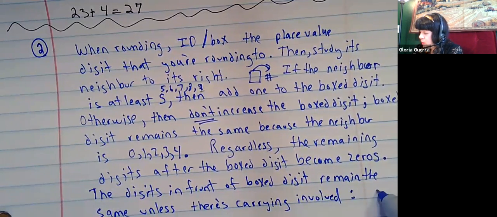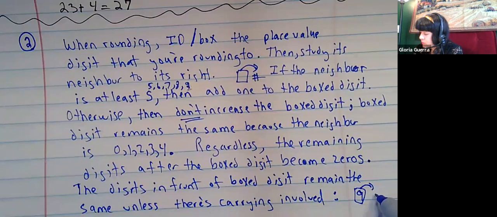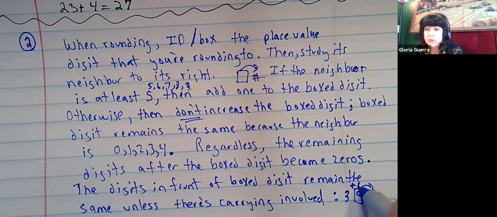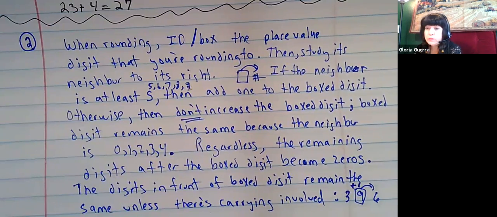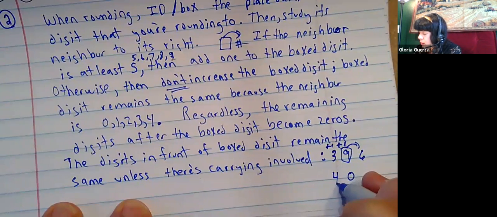Because if you have a 9 here on your box digit and your neighbor happens to be like a 6, and you add 1 to that, then 9 and 1 is 10, and you carry the 1, and then 3 and 1 is 4, and the remaining digits zero out.